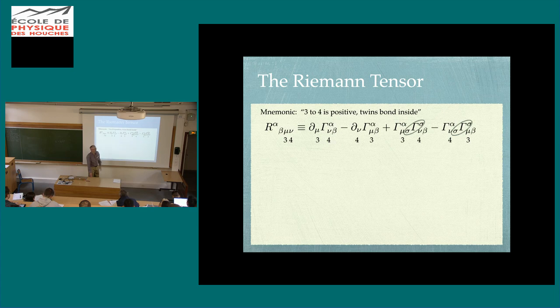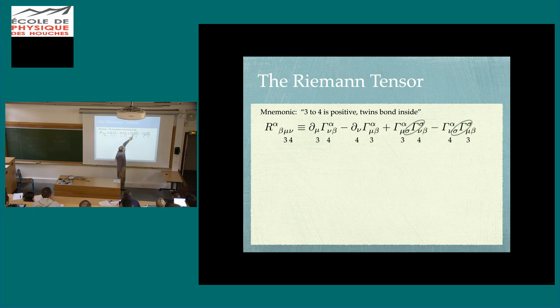So you've got one derivative term of the Christoffel symbol, and then you've got a pair term that involves multiplying two Christoffel symbols together. And the pair, you have a sum over it, and you've got the 3 and 4, that's the positive term when the third and fourth index appear in that order.